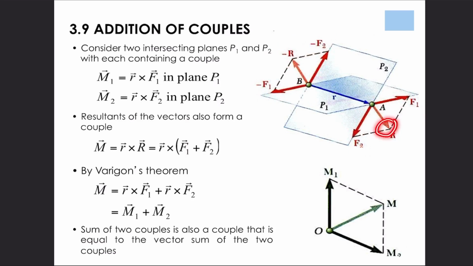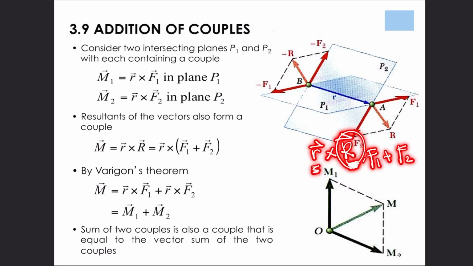So, kaning R ug negative R also forms a couple which is equal to R times capital R, or the resultant, the distance between the two forces or two resultants. There's R, or R is F1 plus F2.